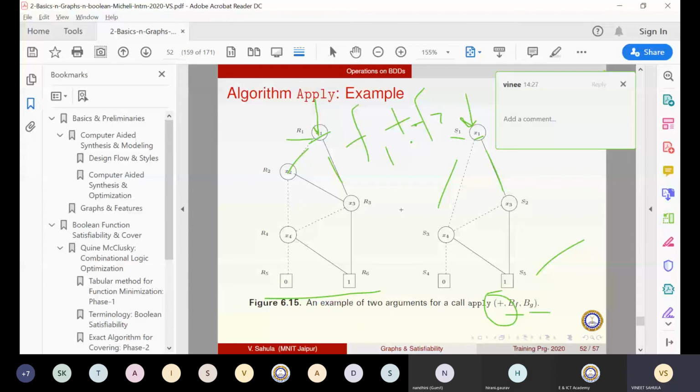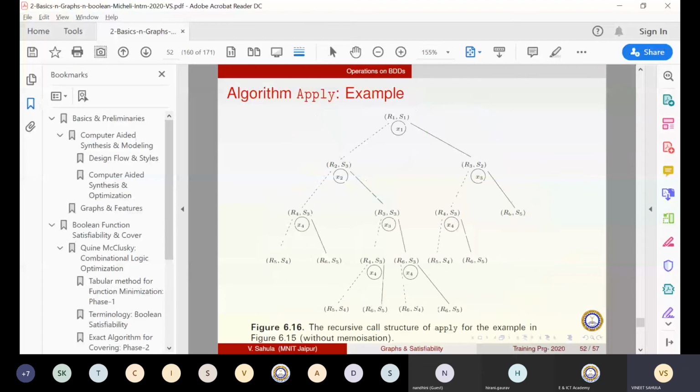I take the right child of R1, R3, and the right child of S1, which is S2, and do the ORing operation between R3 and S2, and keep doing it. If this level is up and that level is down, I will descend only one level, not in both the trees, right? So this is shown here.